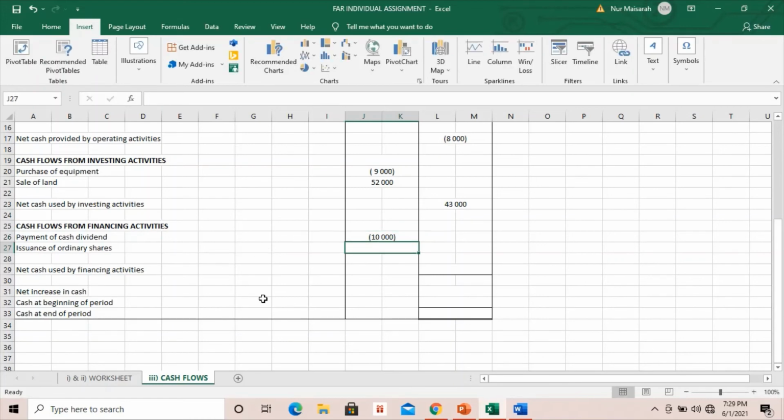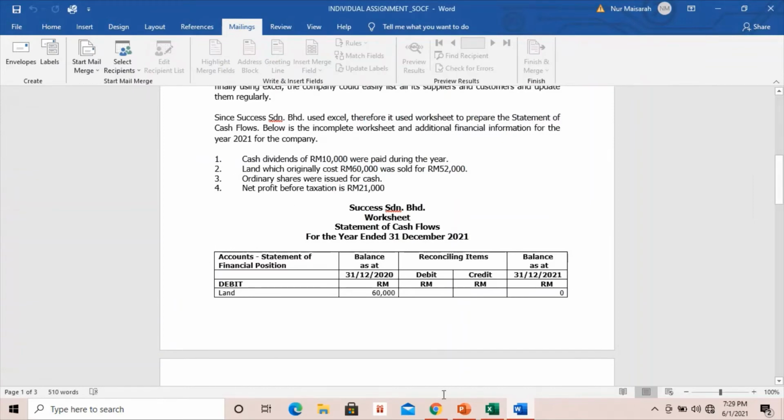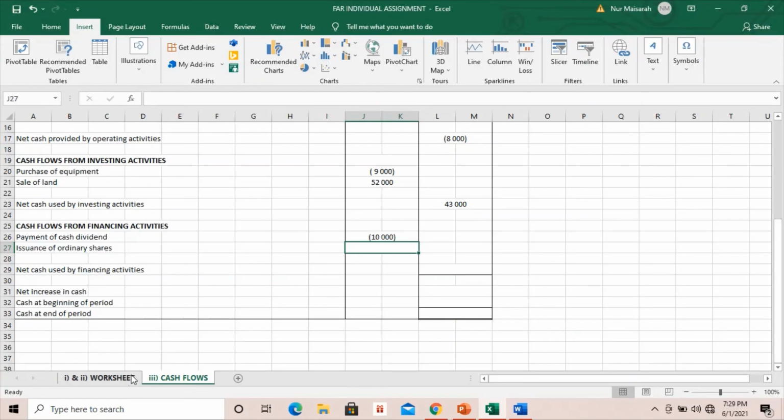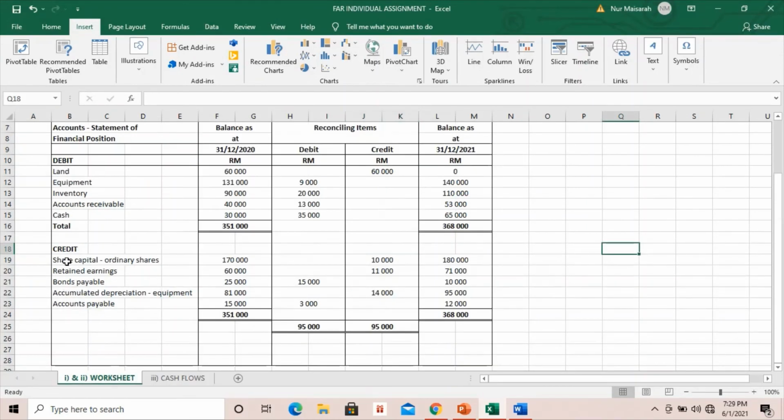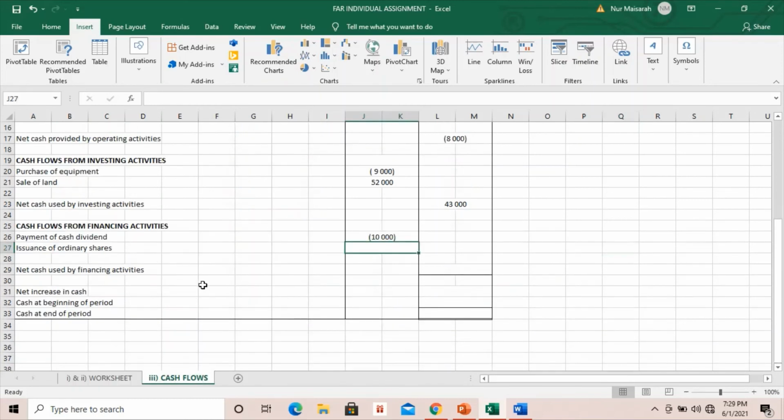And then for issuance of ordinary shares, we take the amount as the difference of beginning balance and ending balance, which is 10,000. And then we total up, we will get 0.